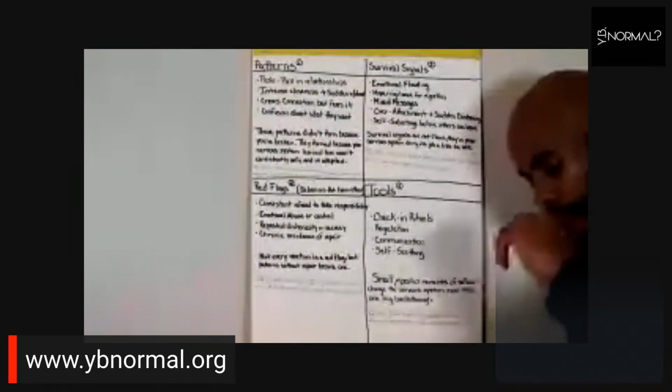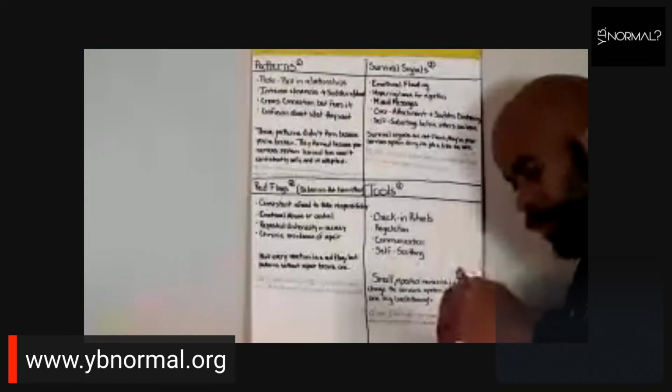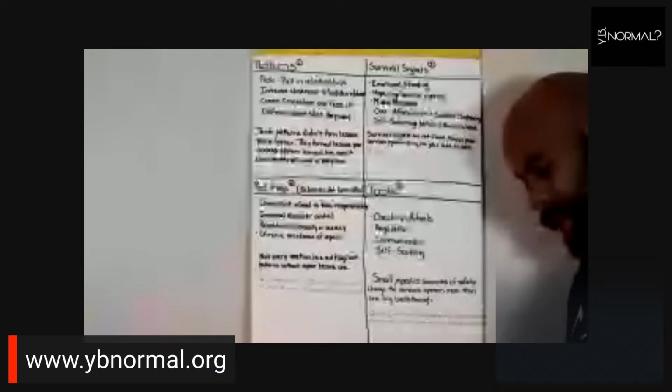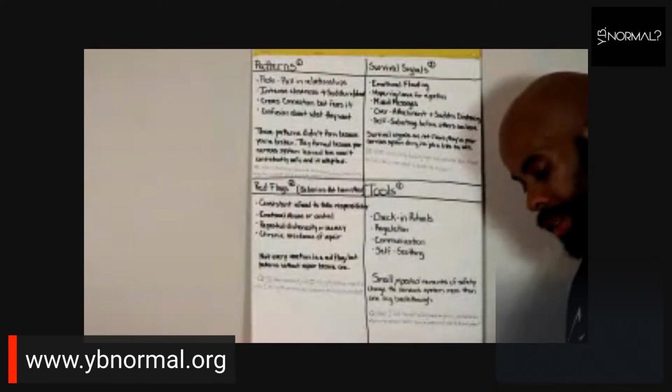So closeness activates old fear, distance activates old abandonment pain. So this person oscillates between the two, trying to regulate the system. It's not that you don't know what you want, it's that different parts of you want different things at the same time. Okay.